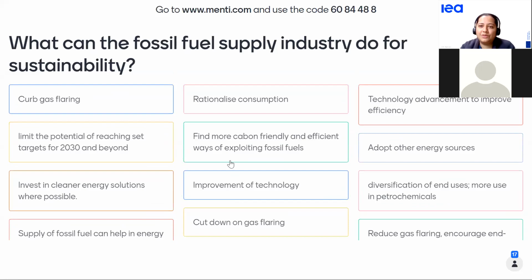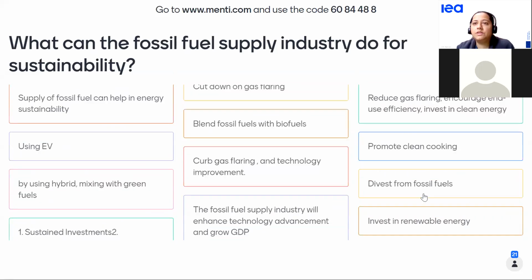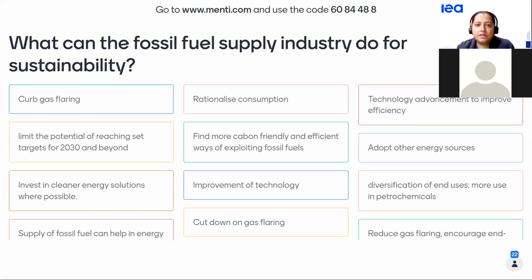Yes, so I see that you guys have a lot of ideas of what the industry can do to help sustainability. So this is very good. And now let's move to the presentation.